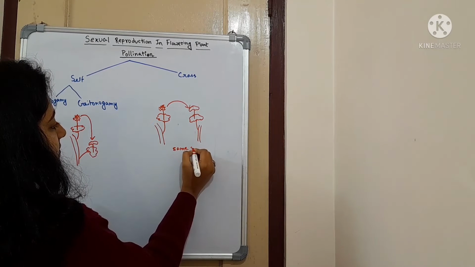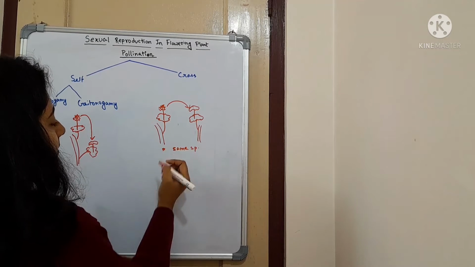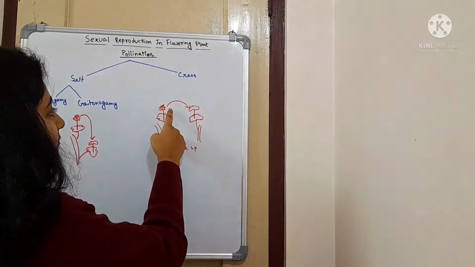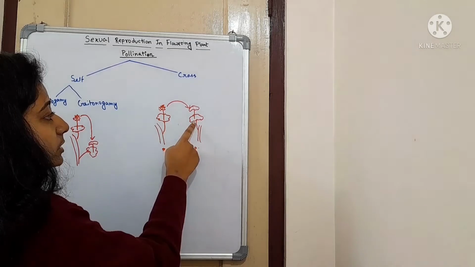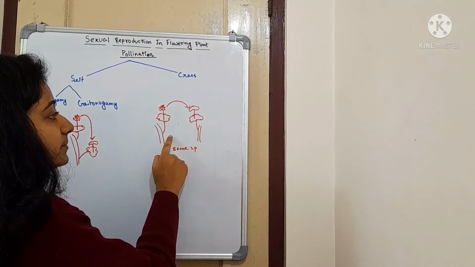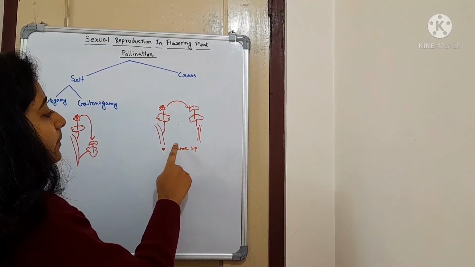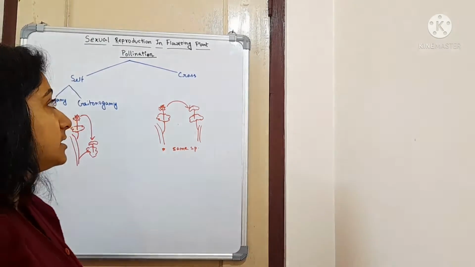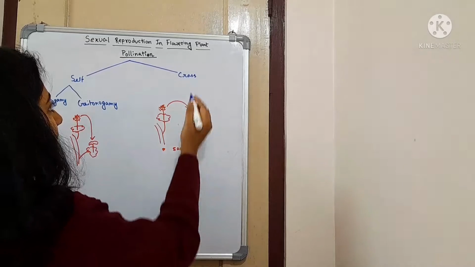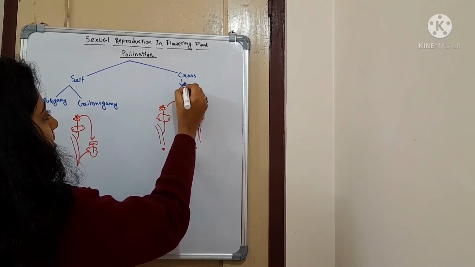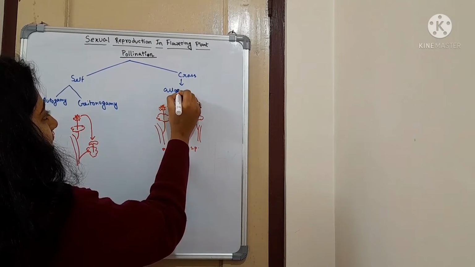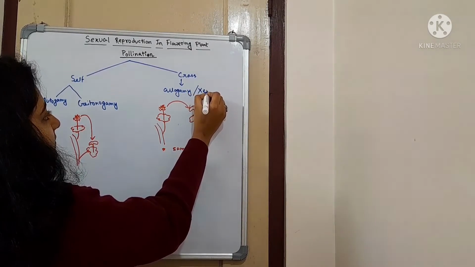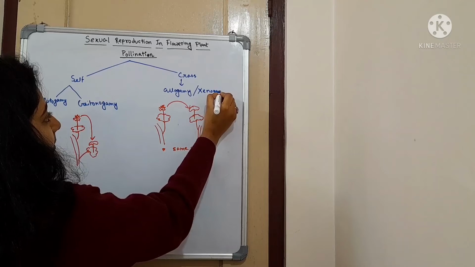Same species is very important. This term is very important: same species. So the pollen grain from one flower will go and fall on the stigma of the other flower of another plant, but of the same species. That event is considered as cross-pollination, and it can also be called allogamy, or we can say xenogamy.